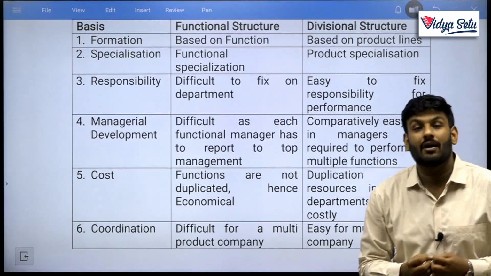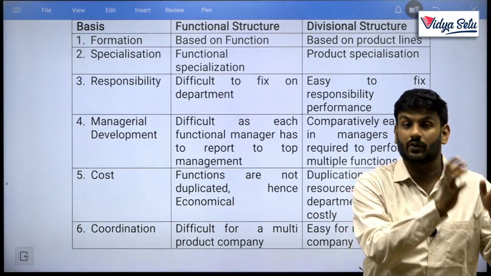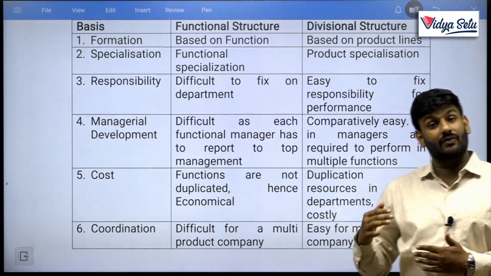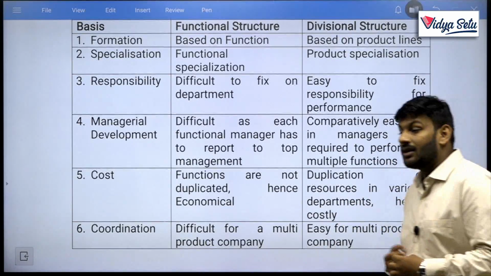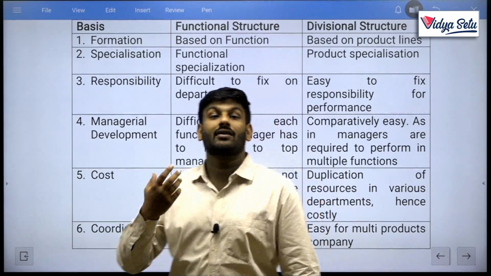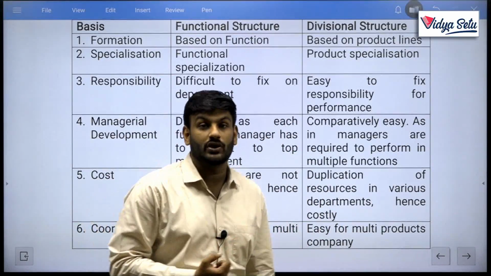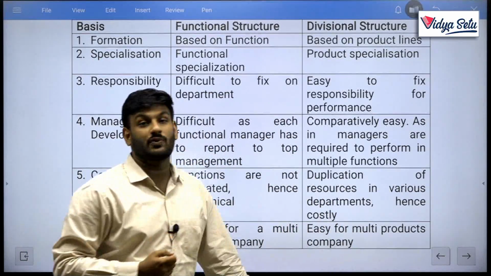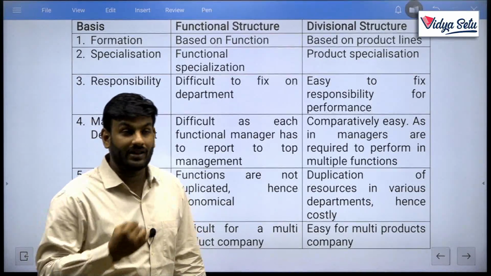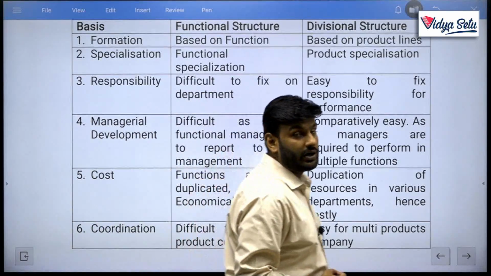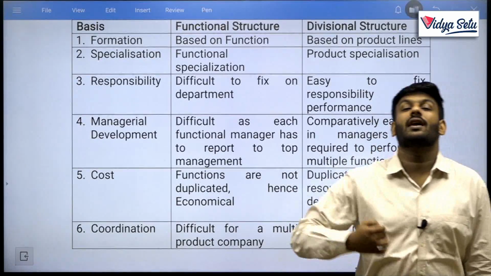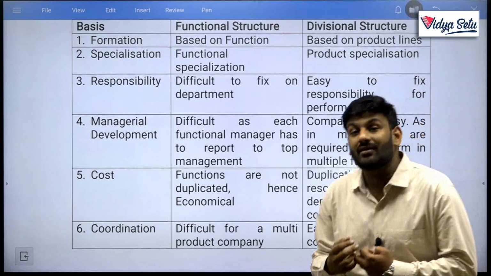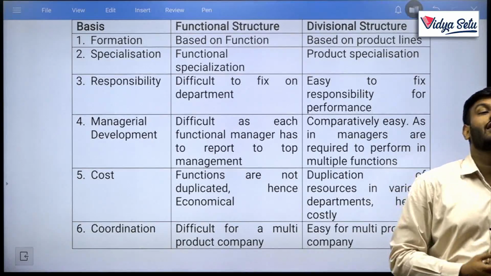You are liable only for that particular function only. But in case of divisional structure, the divisional head can create creative and innovative solutions, because he is the only one responsible for his division. Whether this division is going to be profit oriented or loss oriented, he is the only one answerable to the company. So he can think about new innovative ideas.